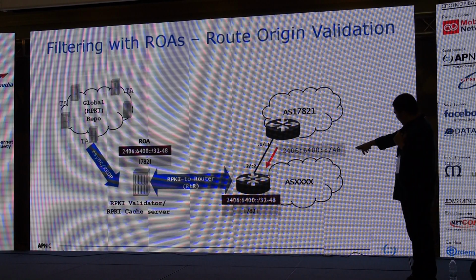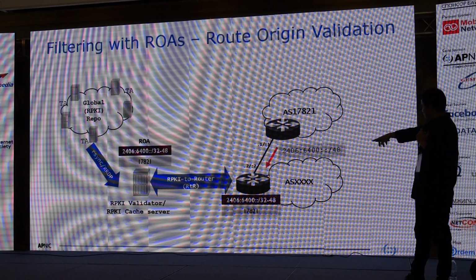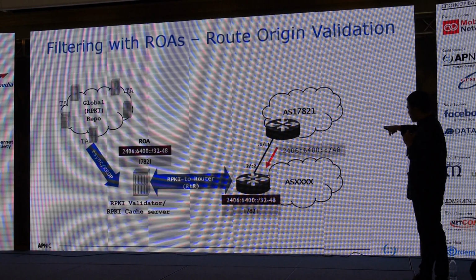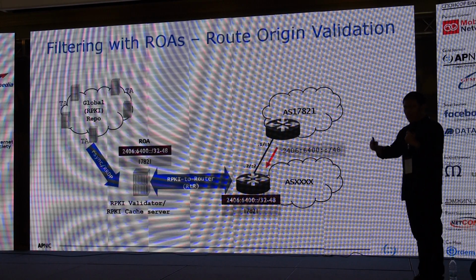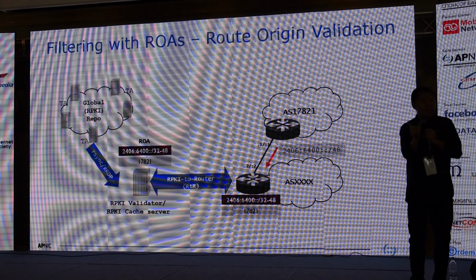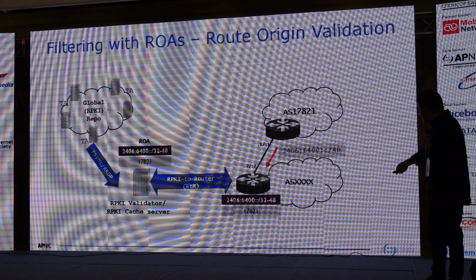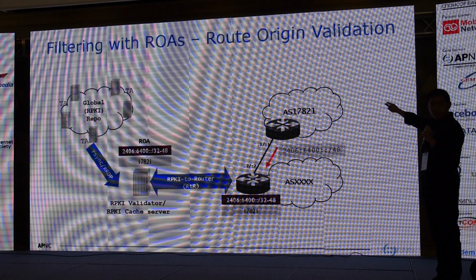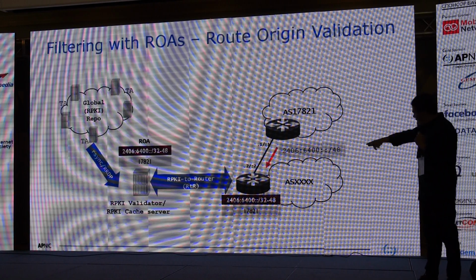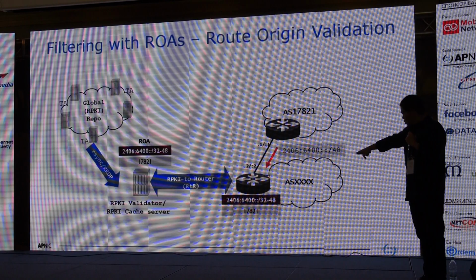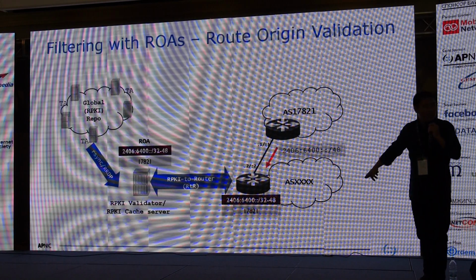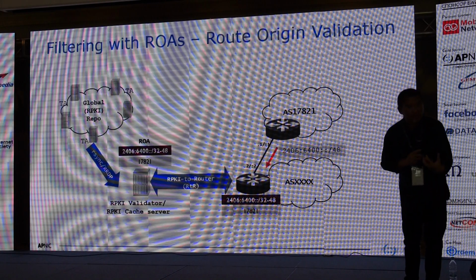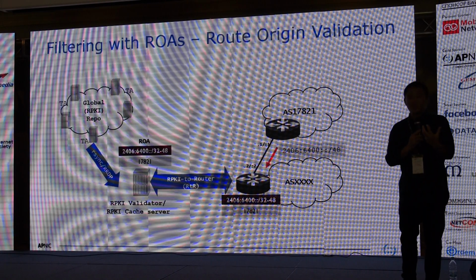The prefix matches 2406:6400, and the length is a /48 that I'm receiving, but my cache shows a /32 to /48. It's within the range. Now let me check the origin AS. It's coming from AS17821, and my validated ROA cache shows origin AS is 17821. It's a valid route. Only then do I accept it into my BGP table and into my routing table.